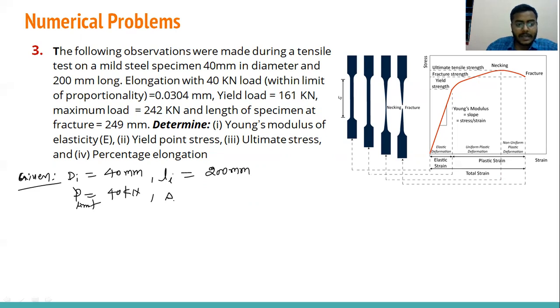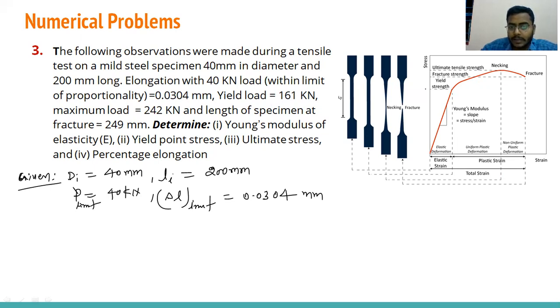So load P is given, at the limit, that is 40 kilonewton, and at this point the elongation, means delta L, is given, that is 0.0340 mm. Now yield load is given, and maximum load is given. In this condition, the load at yield is called the yield load. And the maximum load is at fracture, where it got fractured.